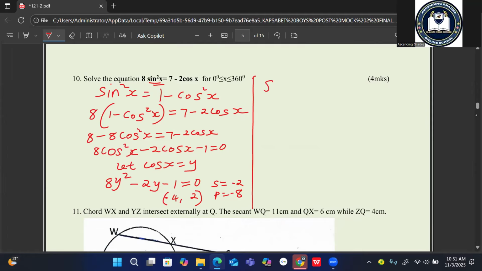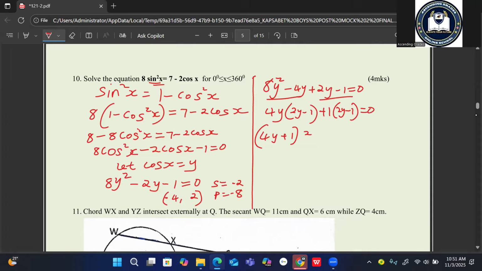So we will have 8y squared minus 4y plus 2y minus 1 is equal to 0. So this one is 4y into 2y minus 1, then plus 1 into 2y minus 1 is equal to 0. So we will have 4y plus 1 and 2y minus 1 is equal to 0.